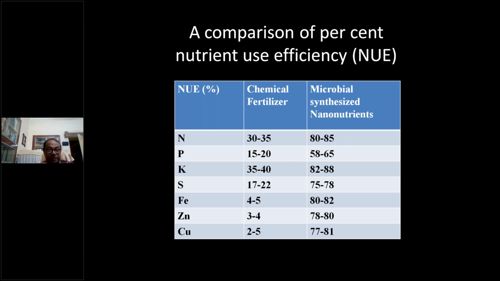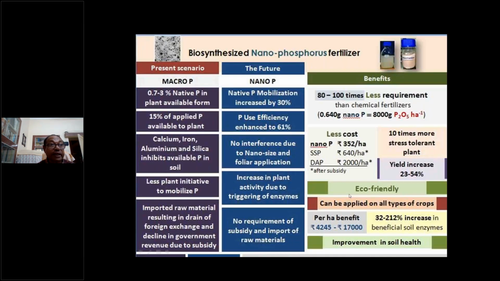Phosphorus has 4 times enhancement, potassium 2.5 times enhancement, sulfur 4 times enhancement, and for any micronutrient, iron, zinc, and copper, you are getting 20 times enhancement of nutrient use efficiency. So it is a great benefit for agriculture.